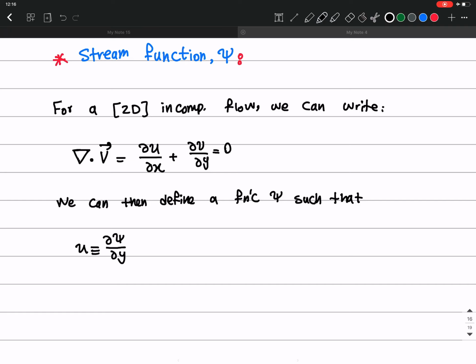So partial psi over partial y is just u, and then minus partial psi over partial x is the velocity component in the y direction, or v. Okay, so this is just a definition. We define psi like this to satisfy the continuity.